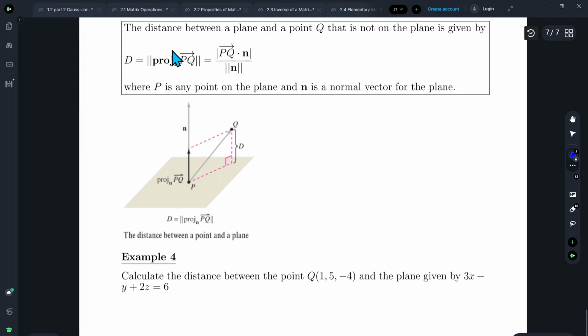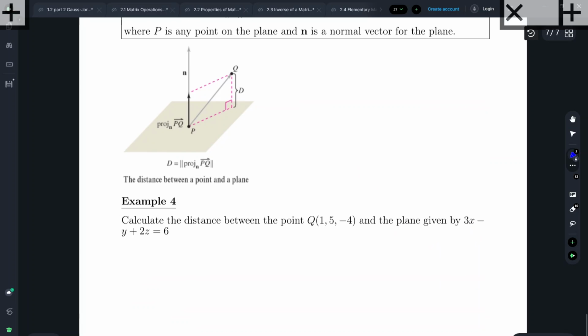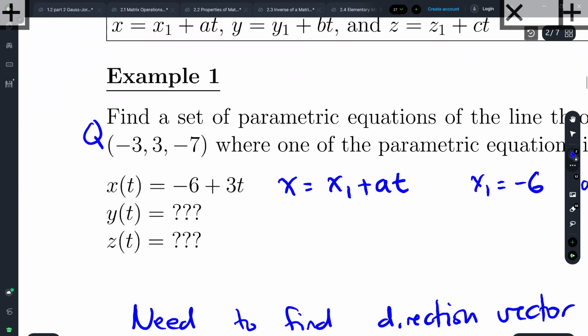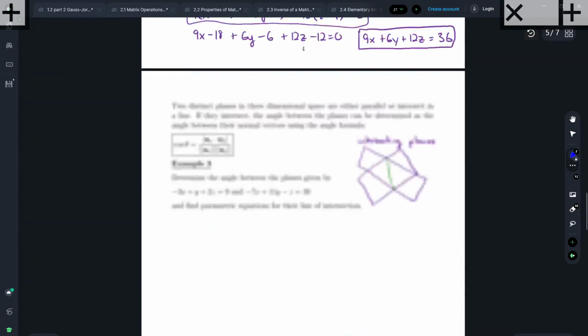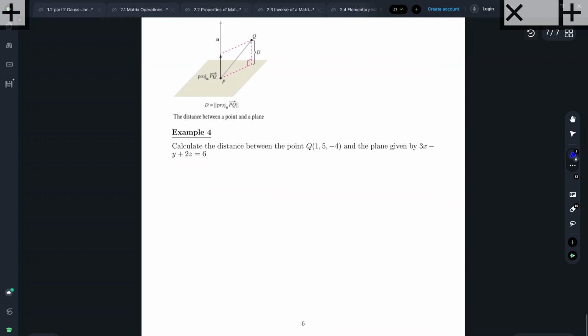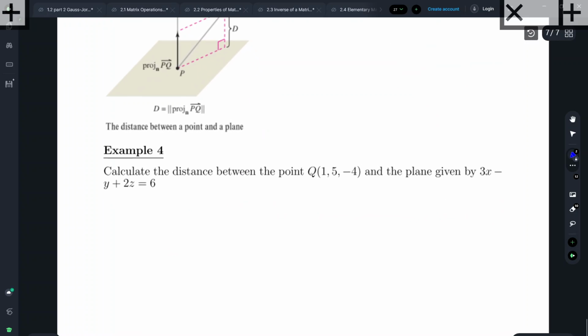So to apply this, we know the normal vector, because that's just the coefficients coming from the equation for the plane. So the normal vector is going to be (3, -1, 2).